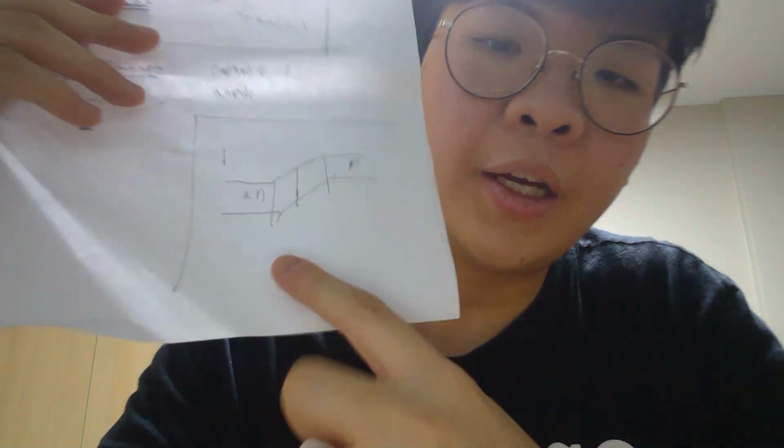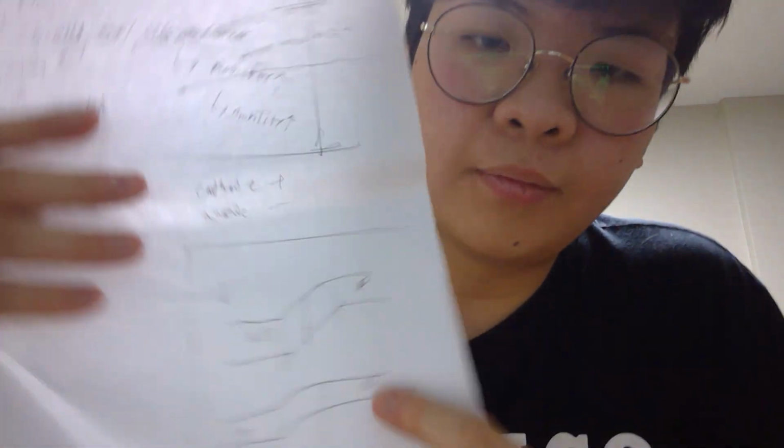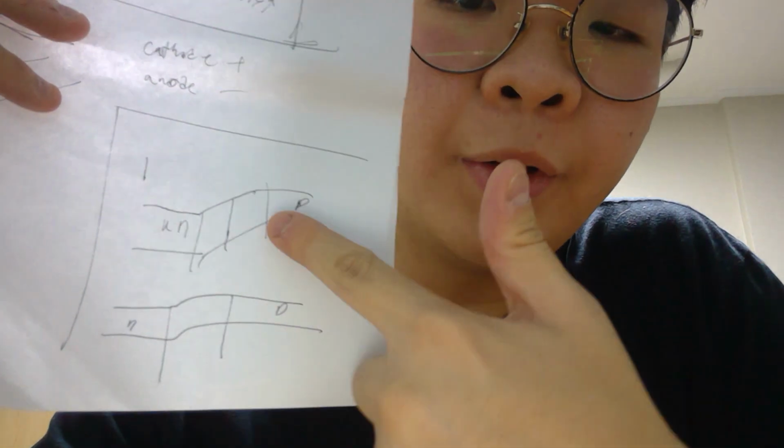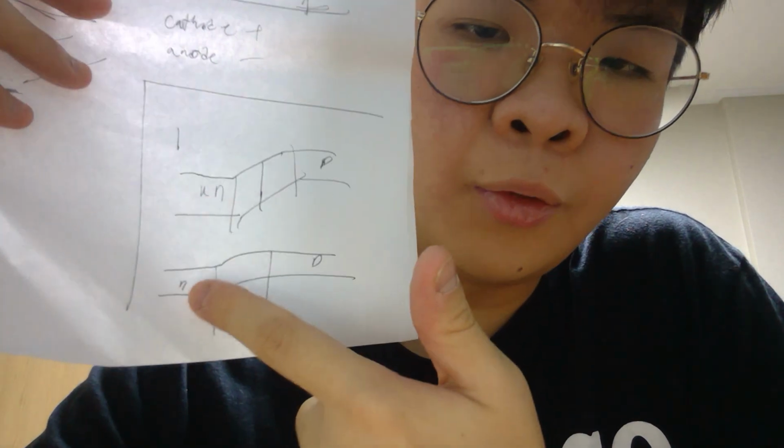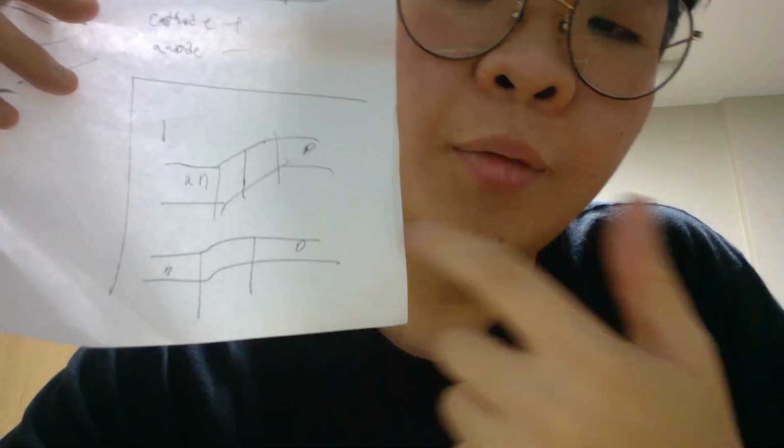So there is an n-type and there is a p-type. If we give them a positive bias, which means positive to negative, there will be a slope that is rounded, so electrons can move easily.